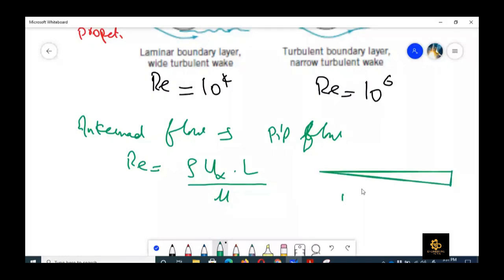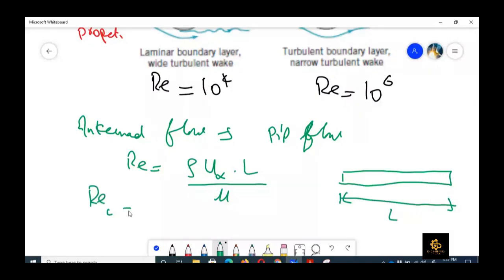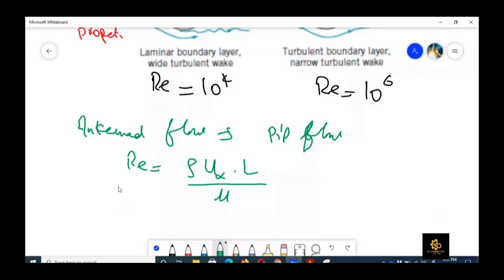Oh, my drawing is not the best, but okay, this is the length, right? So in this case, critical Reynolds number was equal to, no, it is not the external flow. What am I talking about? This is not right. I just wrote this formula for the external flow.